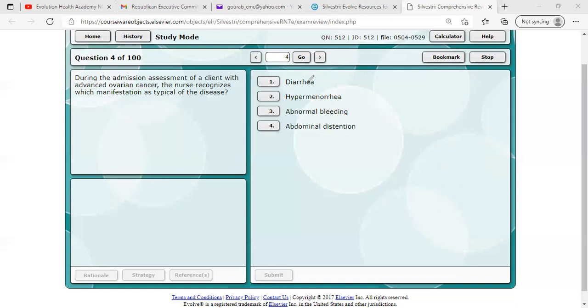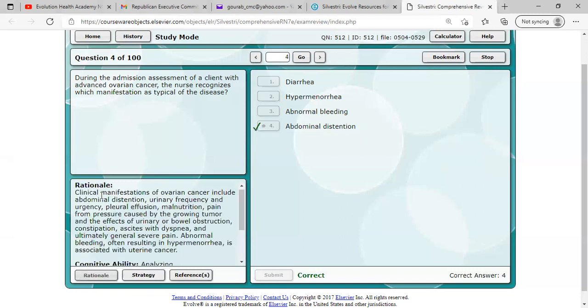Let me read the explanation. Clinical manifestations of ovarian cancer include abdominal distension, urinary frequency and urgency, pleural effusion, malnutrition, pain from pressure caused by a growing tumor, and the effect of urinary or bladder obstruction, constipation, ascites with dyspnea, and ultimately general severe pain.